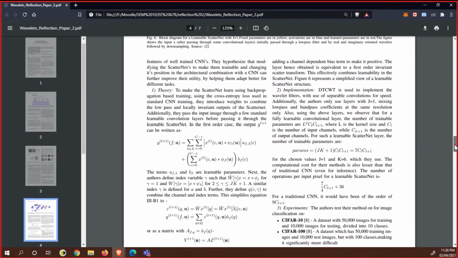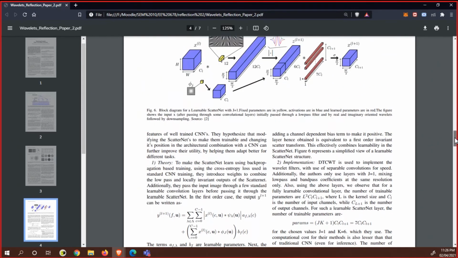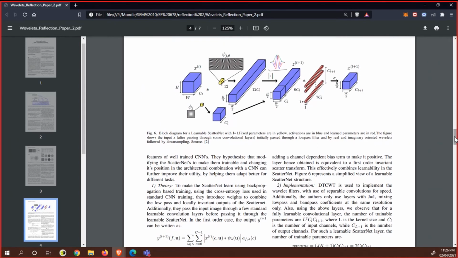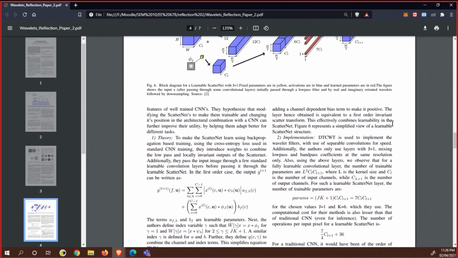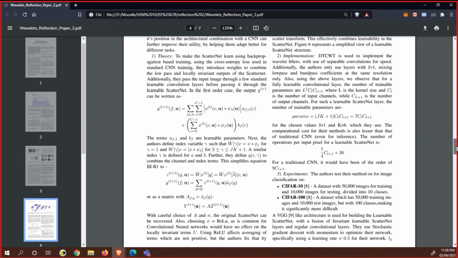So in this paper, the authors first introduced two trainable parameters A and B, as given in this equation, and these trainable parameters A and B help adjust the weights given to the different components of the scattering transform.